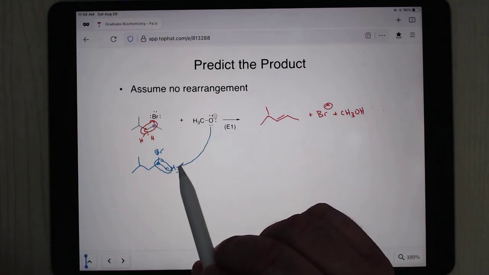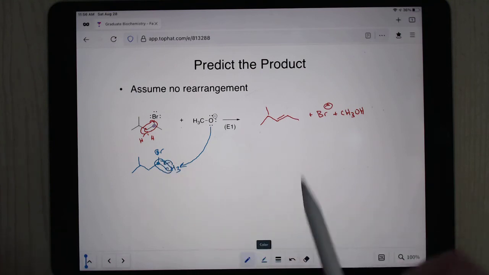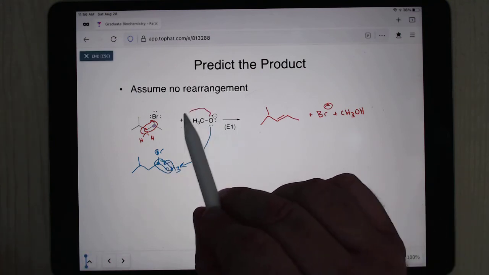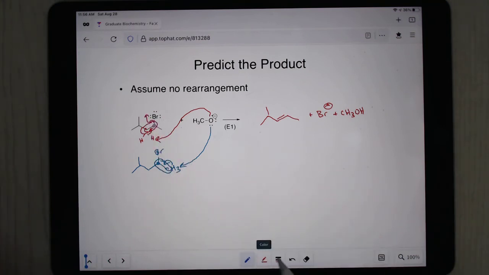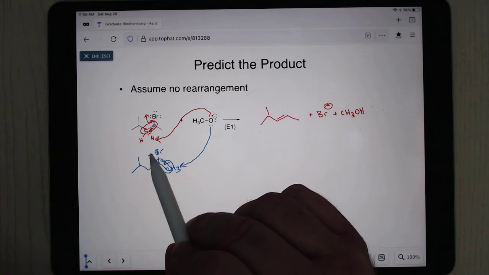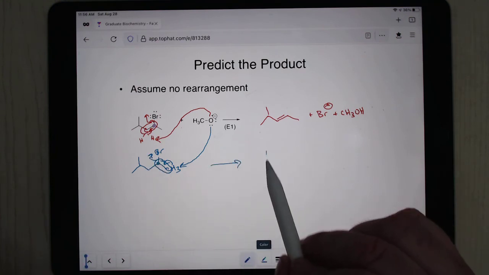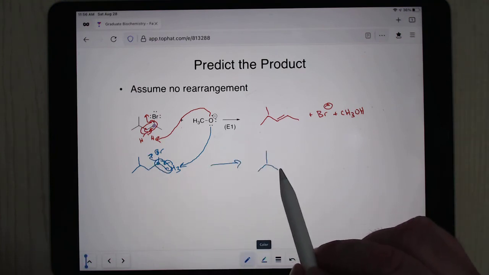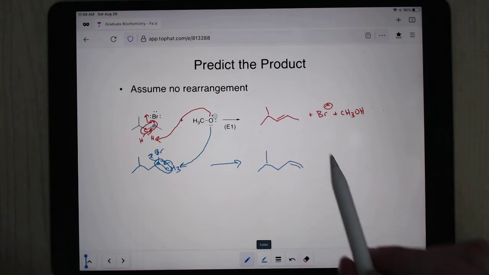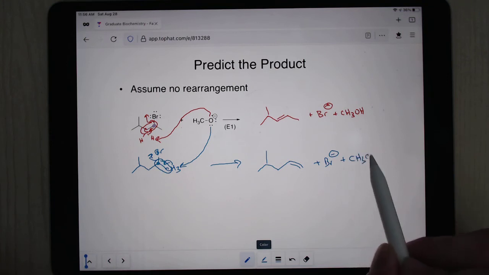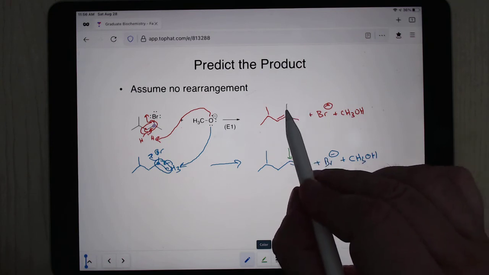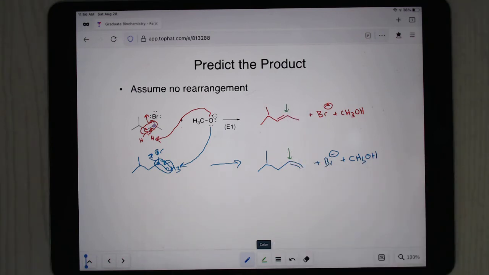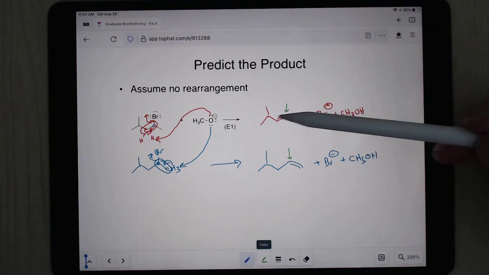So this is going to come and grab, collapse. I forgot to do that for the other one, sorry. This is going to come in and grab, collapse, kick away. So you're going to make plus Br minus. This is where the original leaving group was, and we're just putting the double bond on either side.